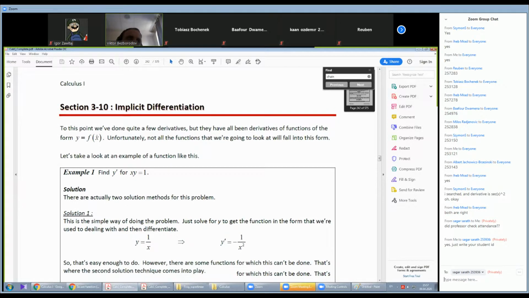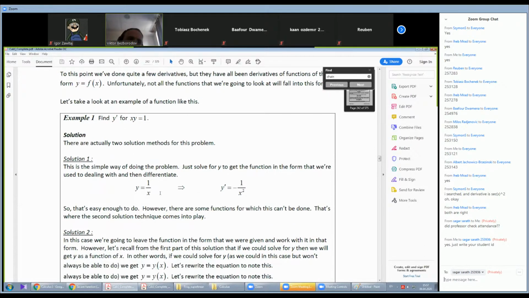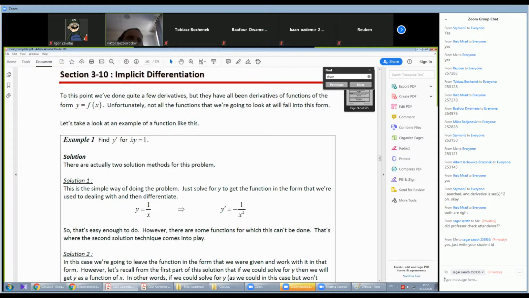You can't always represent your function with y on the left-hand side and some expression on the right-hand side. We will see in a moment where it doesn't occur. If you have this equation, of course you can, and the question is to find the derivative. Of course, the easiest way is to just write it like this, which is a legitimate way to write the expression for y.